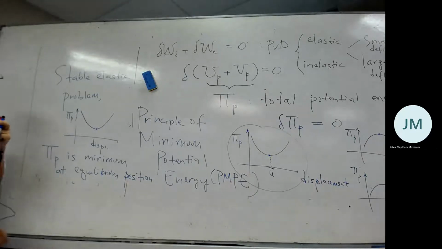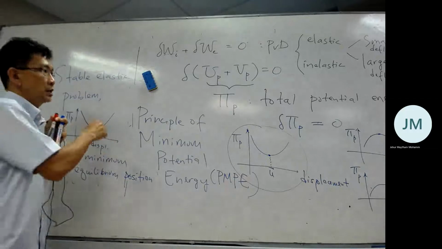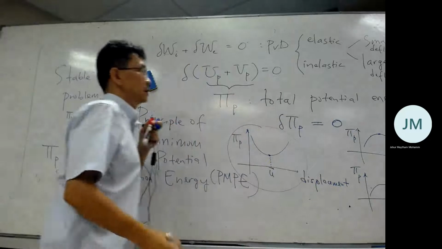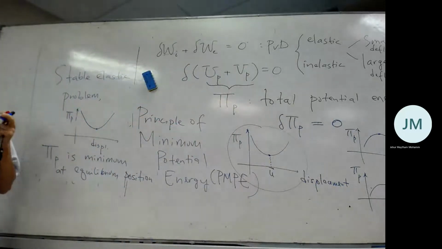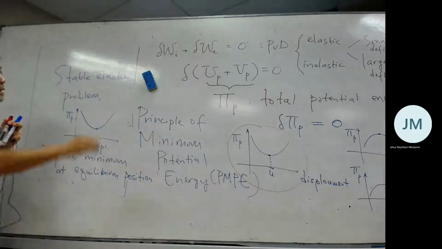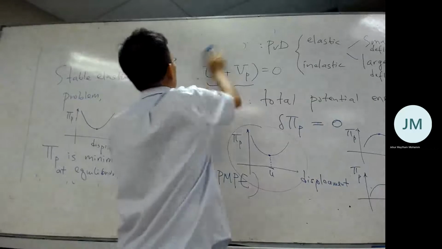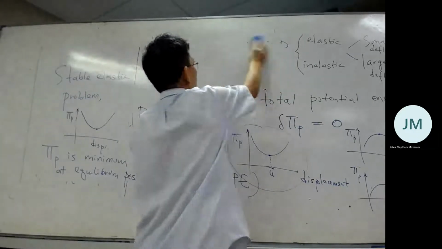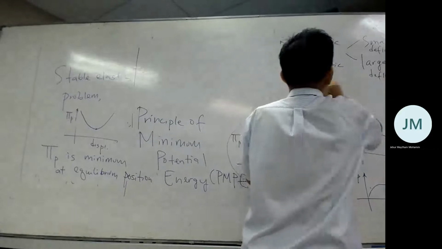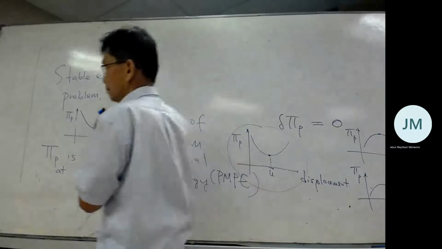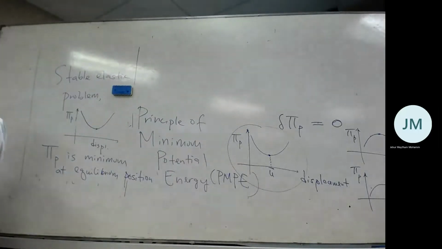The principle of minimum potential energy is represented by this statement here: del phi p equal to 0. Before I end today, I think we are now almost 1 o'clock.